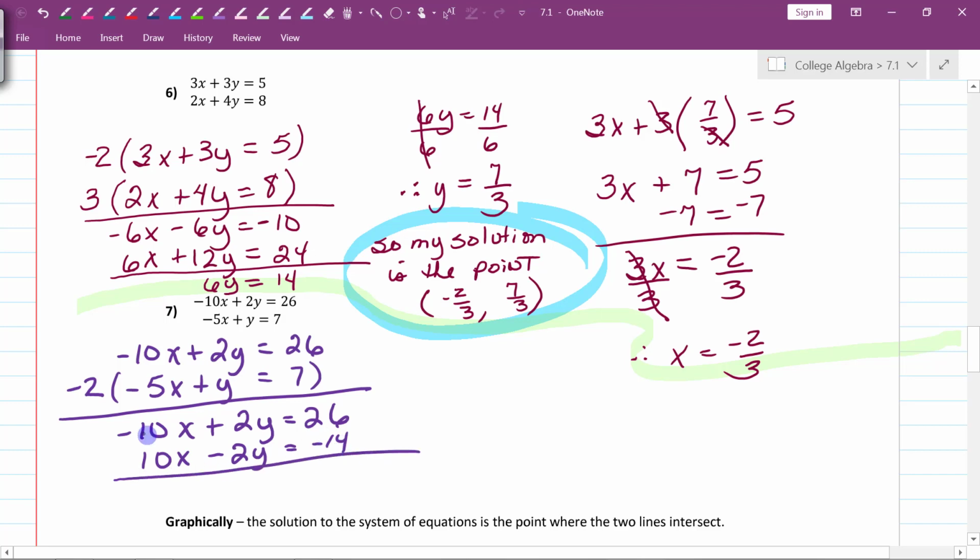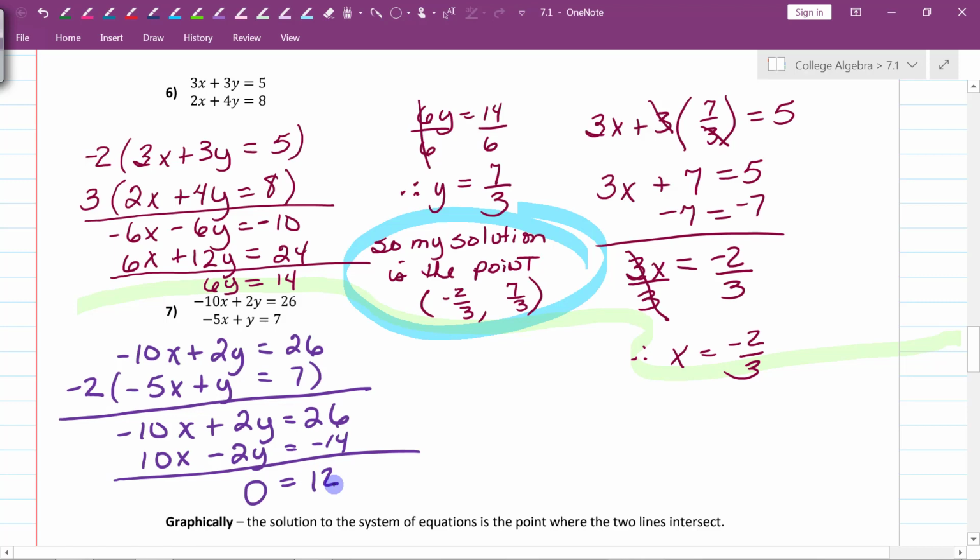Add these together. Negative 10x plus 10x goes to 0. 2y minus 2y also goes to 0. 26 minus 14 is 12.